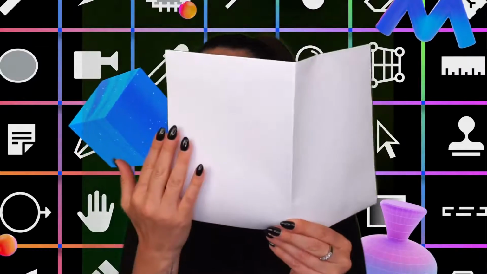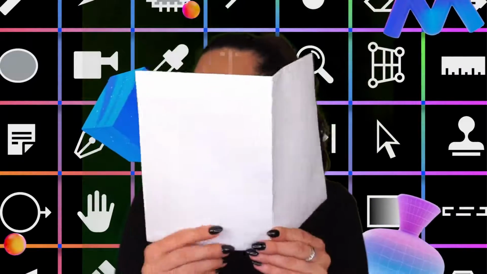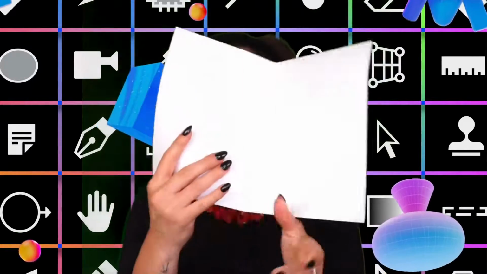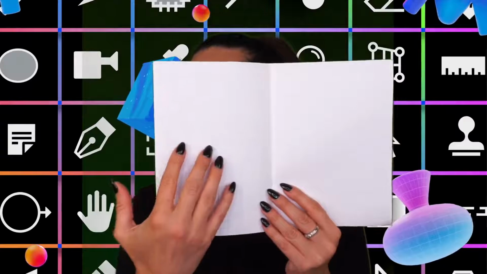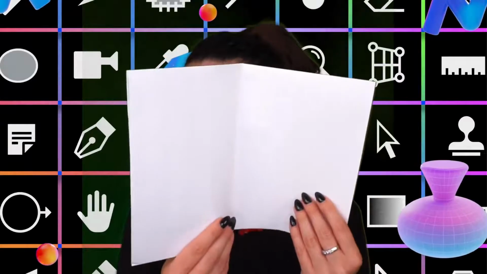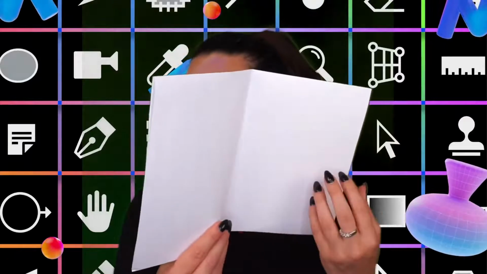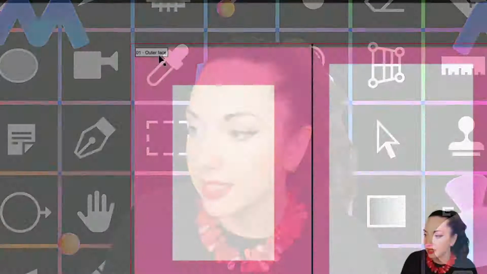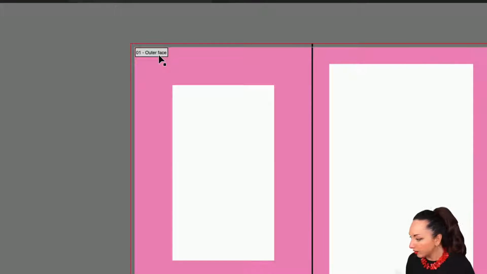So we have the cover, and then outside maybe you want to write your name or your Instagram or your website, anything like that. And of course the inside is where you want to write your greetings, and then usually we leave the page that is inside the cover empty, but you can always use it to write maybe some other comment. And let's go ahead and jump back into my screen here.